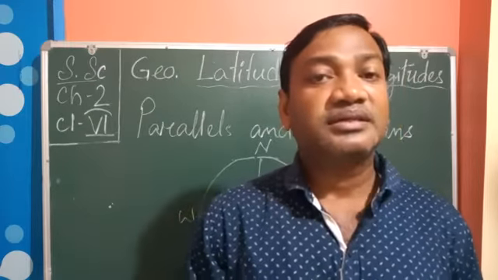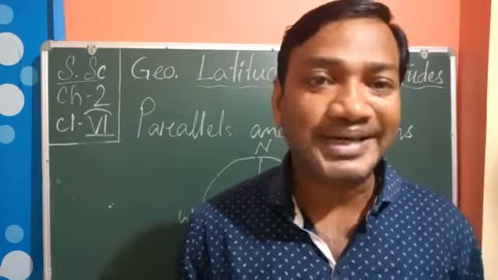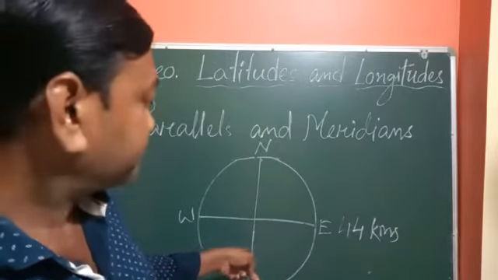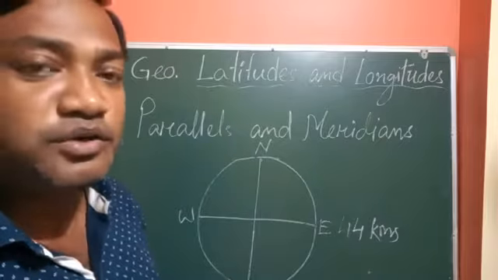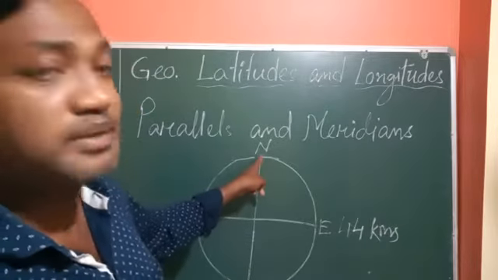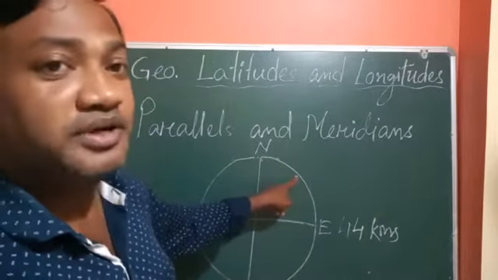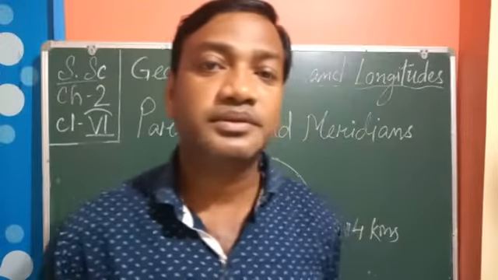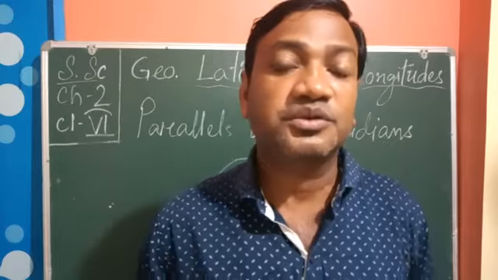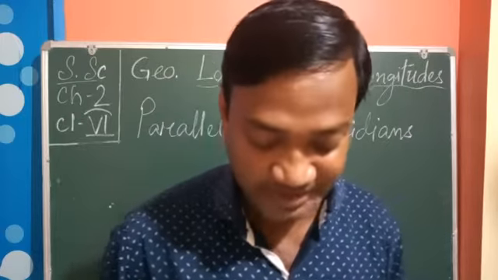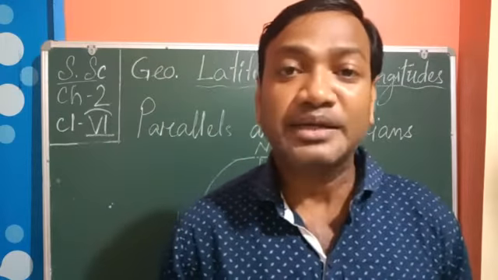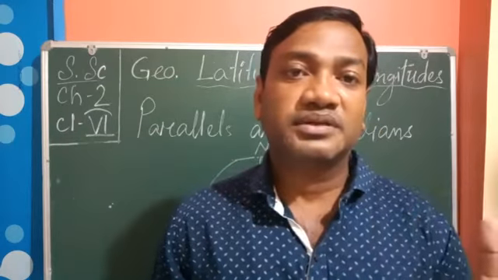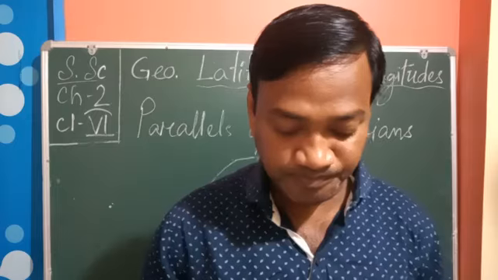Here no point is there, as it is spherical in shape. We cannot say that this is the point, this is also a point. If we move it, everywhere we will find a point. So the actual point we cannot find. That is why locating a place on a globe is very difficult.